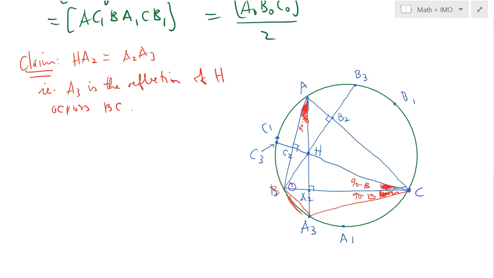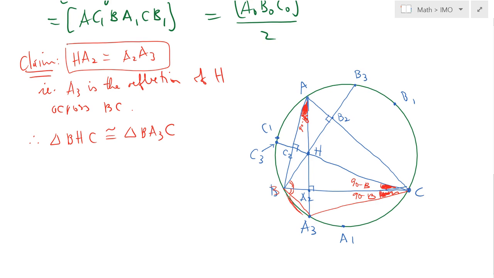It's not difficult using a similar strategy to also see that these two angles are also equal, implying therefore that triangle BHC is in fact congruent to triangle BA3C. So therefore this would automatically give the desired result.